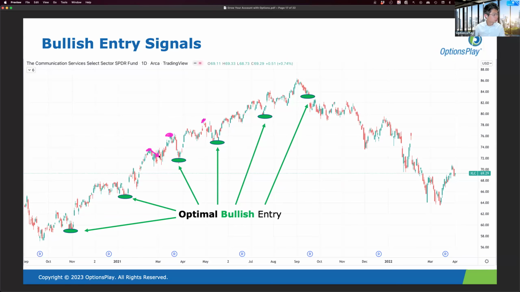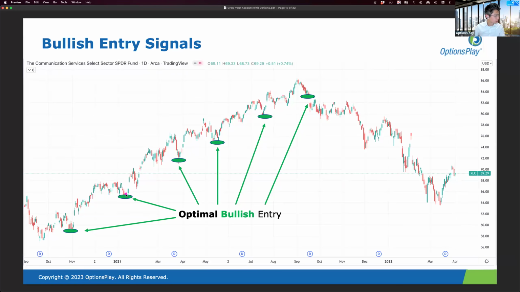But like I said, you would have had to sit there for a few weeks and suffer through some pain. On the flip side, if you were patient, meaning once you've identified a bullish trend you waited for pullbacks in that bullish trend, those are your optimal times to enter the trade from a timing perspective.